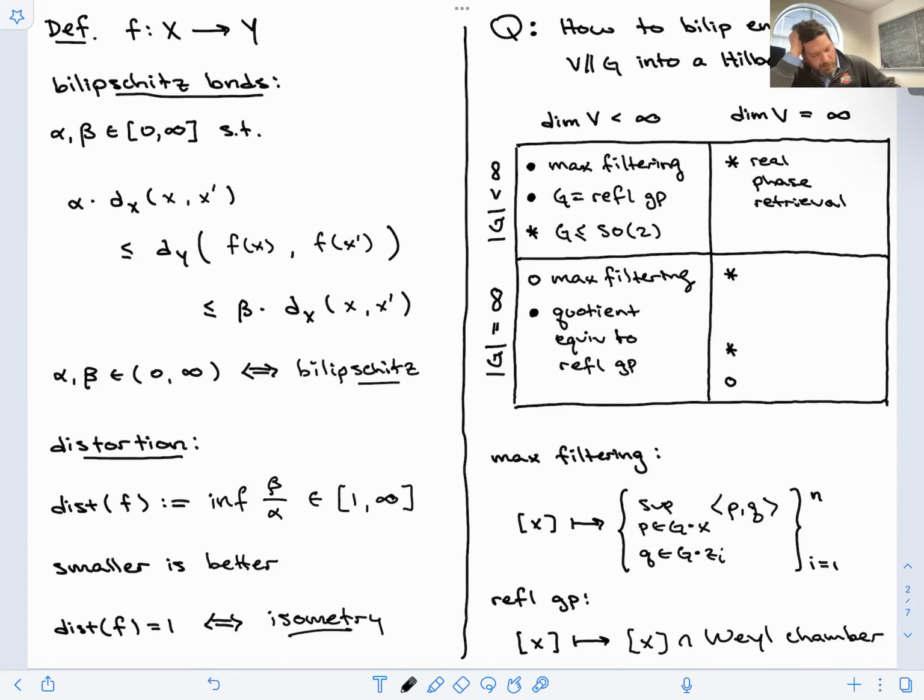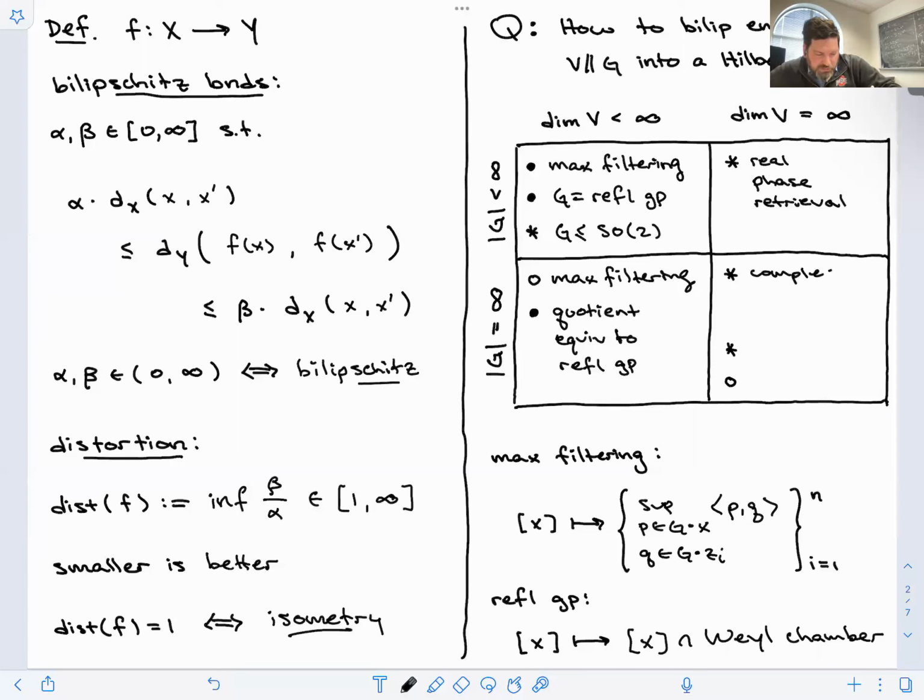In particular, we understand real phase retrieval even when the dimension is infinite. Jameson has a paper with Ingrid and Kazaza that says that in this setting, the standard phase retrieval measurements fail to be bi-Lipschitz, but we're able to devise a bi-Lipschitz map that actually goes through.